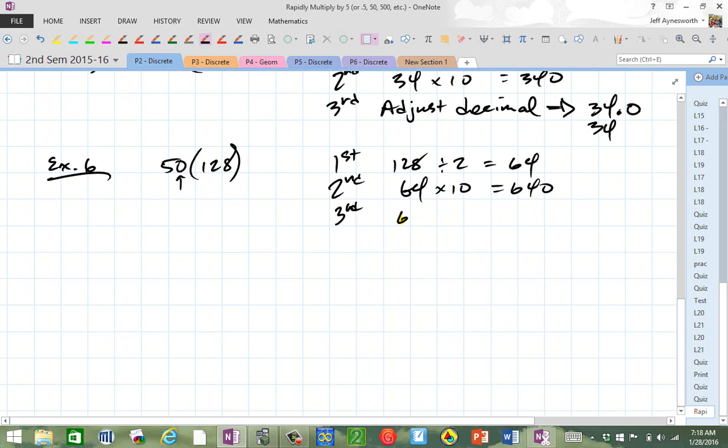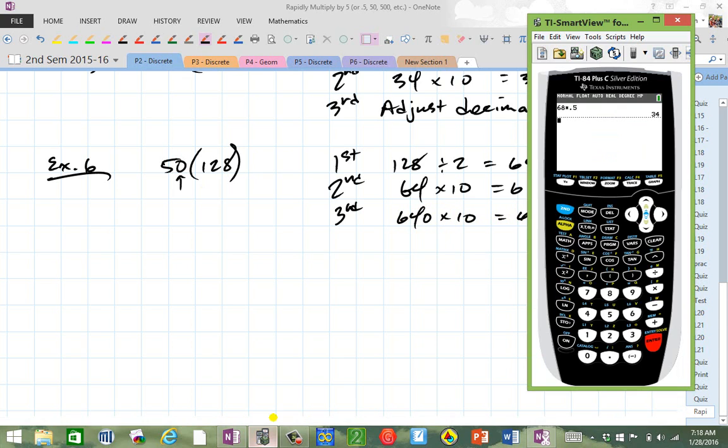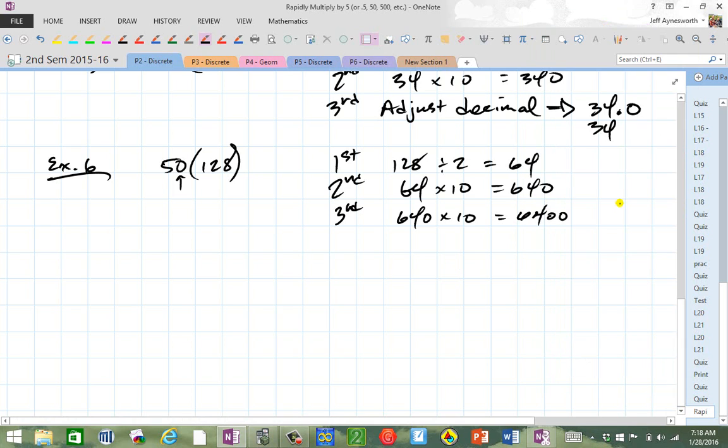All right, so 640 times 10 again is 6,400. Let's check that, okay? So 128 times 50. There you go. Because of the extra 0 there, you do 2 regular steps, but since it's 50 and not 5, you've got to attach another 0 to it. So you ignore it temporarily, and then you adjust the decimal at the end. All right, so there you go. This is equal to 6,400.